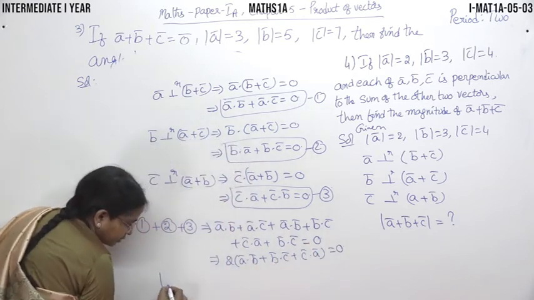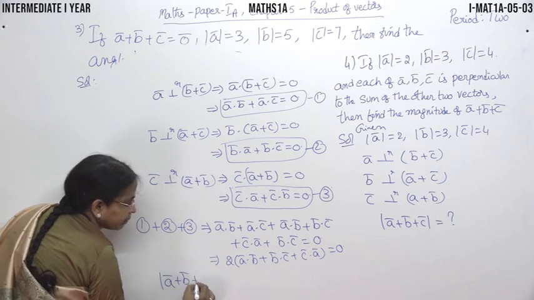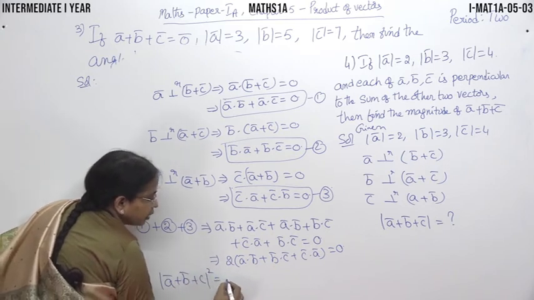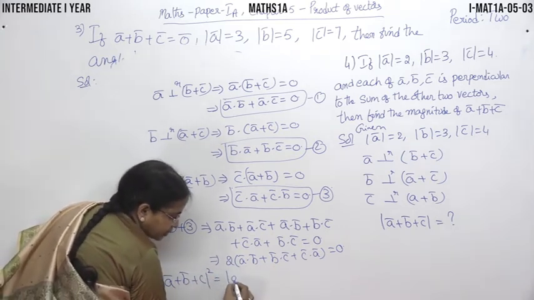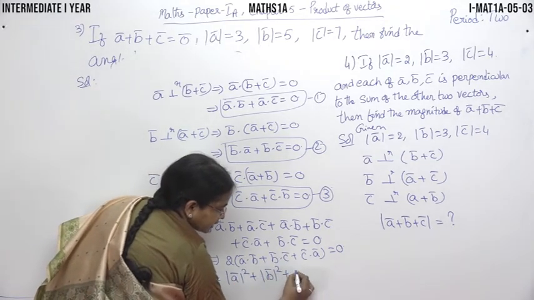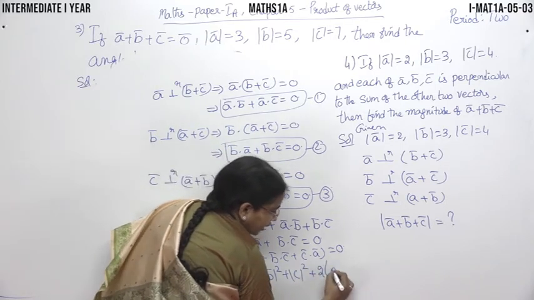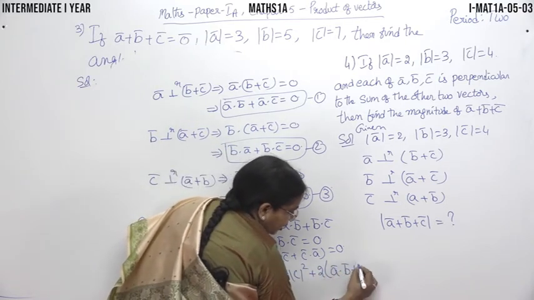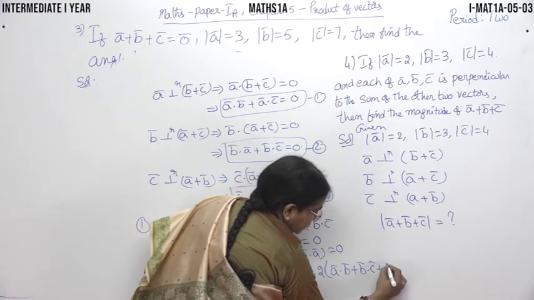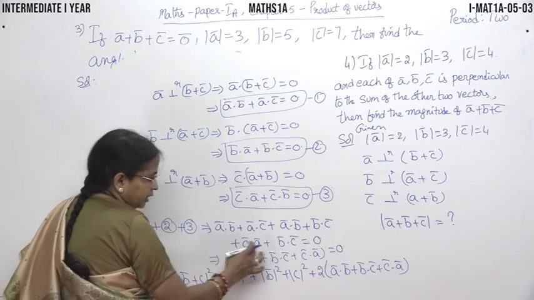Now you take this mod of A plus B plus C whole square, which is equal to A plus B plus C dot A plus B plus C. So it is A square plus B square plus C square plus 2 times A dot B plus B dot C plus C dot A. Now all this we showed as equal to 0.